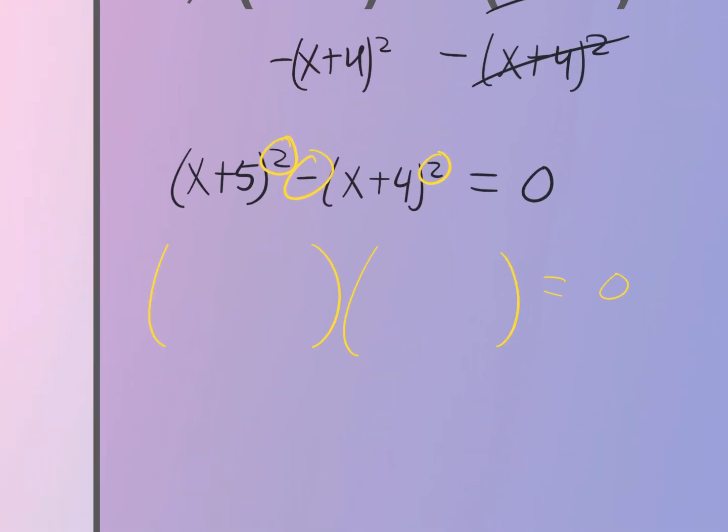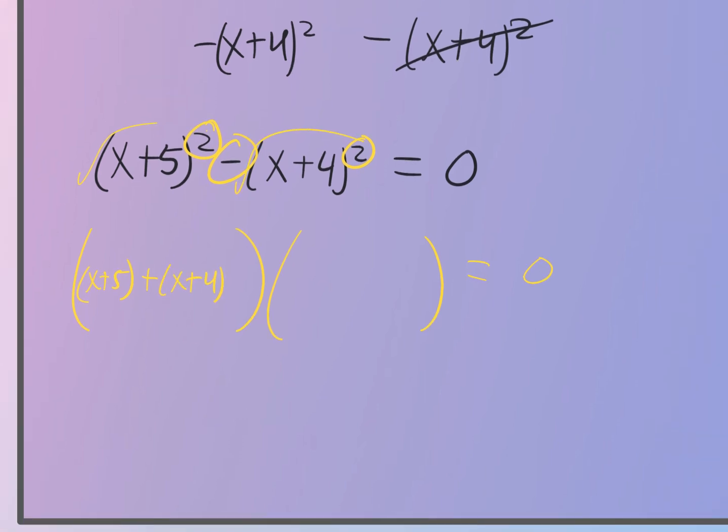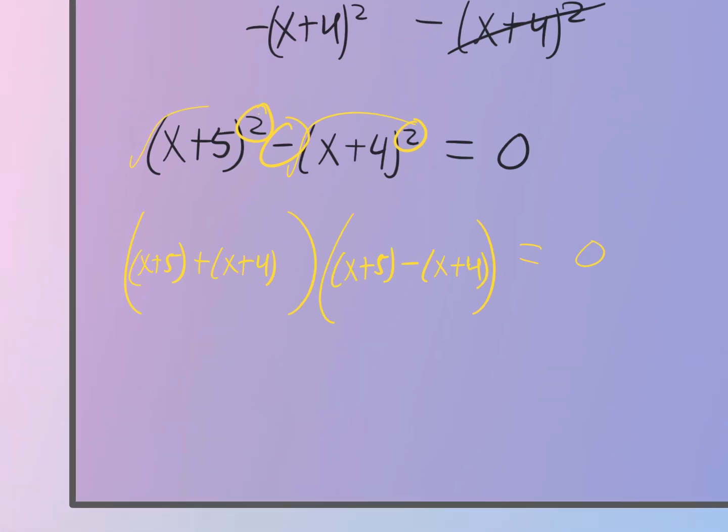And then in my first one, it's going to be square root of the first, which is x plus 5, plus square root of the second, so plus x plus 4. And then in my second group, it's going to be square root of the first, x plus 5, minus square root of the second, x plus 4, equals 0. And this is a difference of squares, guys.